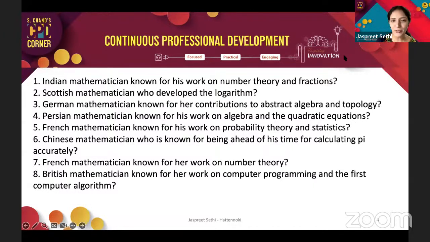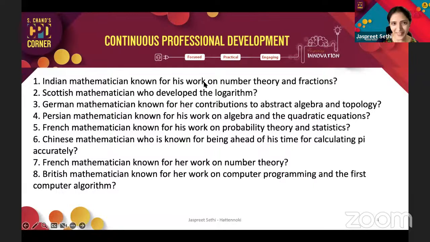French mathematician known for his work on probability theory and statistics. Anyone? Chinese mathematician who is known for being ahead of his time for calculating pi accurately to about 6 decimal places. French mathematician known for her work on number theory.